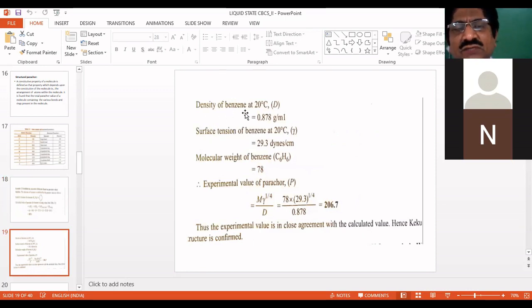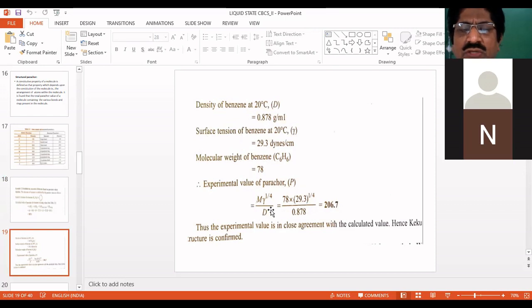Density of benzene is 878. Surface tension of benzene is 29.3 dynes per centimeter. The molecular mass or molecular weight of benzene is 78, based on the atomic masses of carbon and hydrogen: carbon is 12, hydrogen is 1, 72 plus 6, and it is 78. So, the experimental value of the parachor by using this equation.